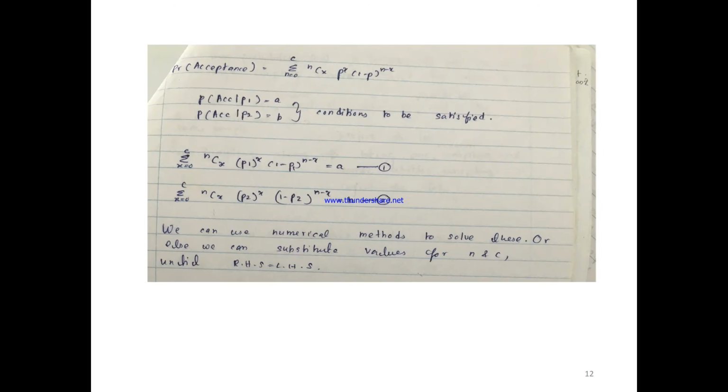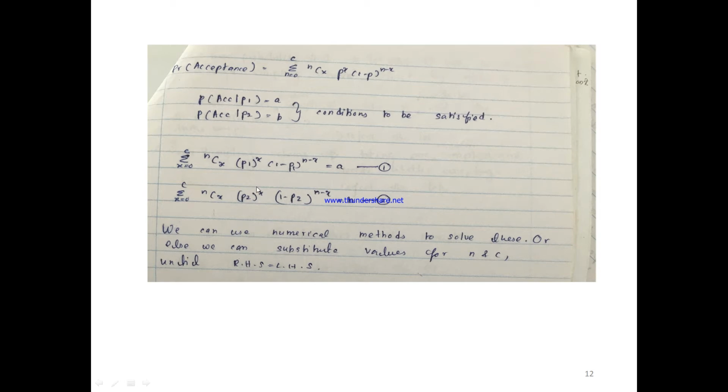And now, since we are using this binomial equation, we have no idea about n and c. So I take the binomial equation where x goes from 0 to c, and I have no idea about n. In the first coordinate, the percentage of defective is equal to P1, so I can substitute P1 for p here.